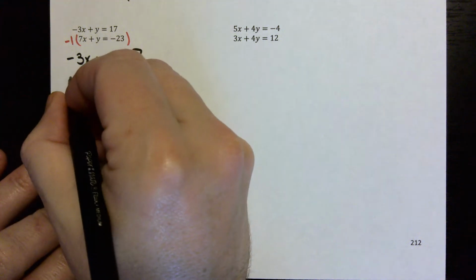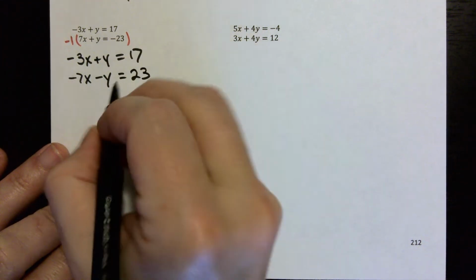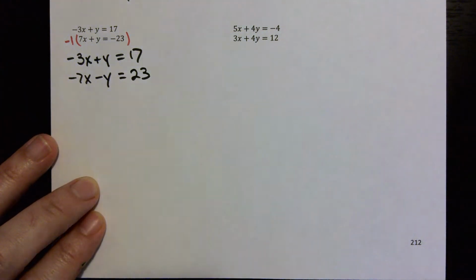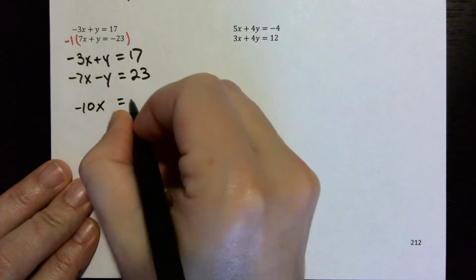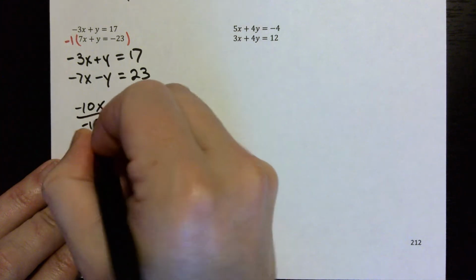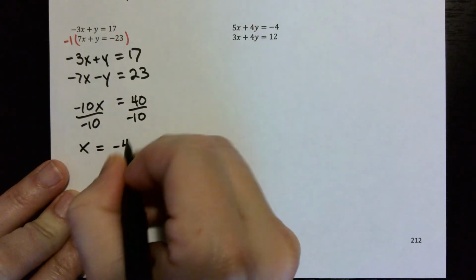And negative 7x minus y equals 23. Okay, when I add those straight down, the y's will cancel out and you'll get negative 10x is equal to 40. Divide by negative 10 and you get x is equal to negative 4.